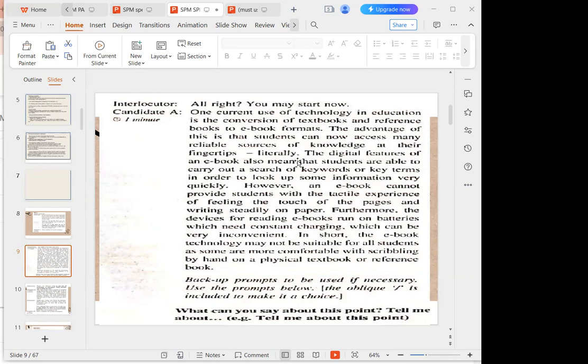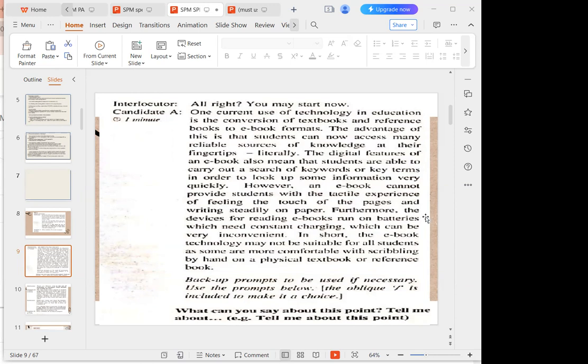Literally, the digital features of an ebook also mean that students are able to carry out a search of keywords, of key terms, in order to look up some information very quickly. However, an ebook cannot provide students with the tactile experience of feeling the texture of the pages and writing steadily on paper.